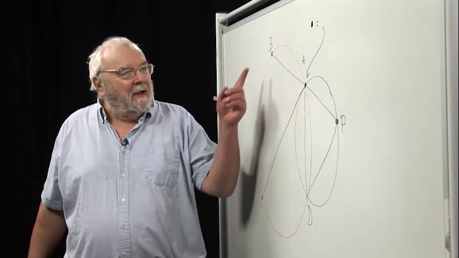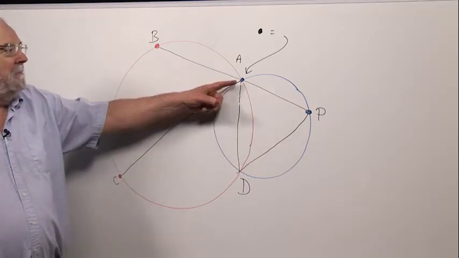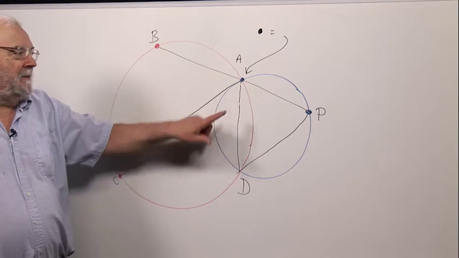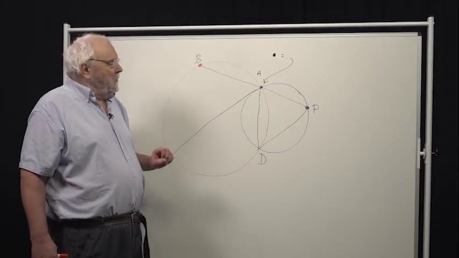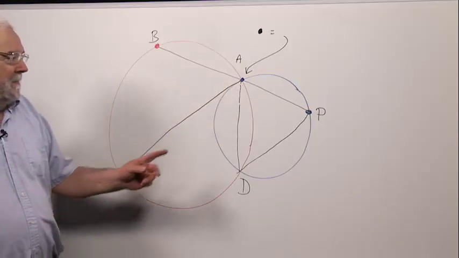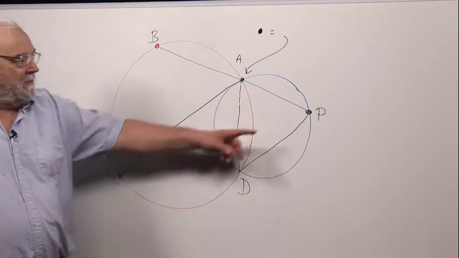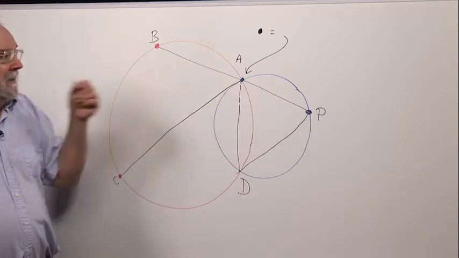Now, the two lines defined by PB and CA meet at A. So this point here is the black spot. It's the point where the two lines cross. It's also a blue spot because it's the tail of AC, just as P is a blue spot because it's the tail of PB.